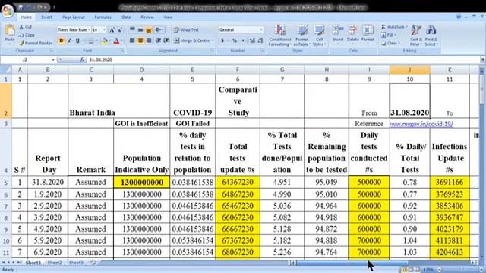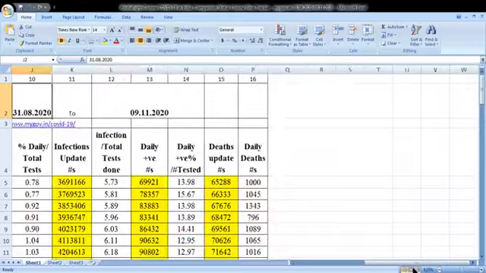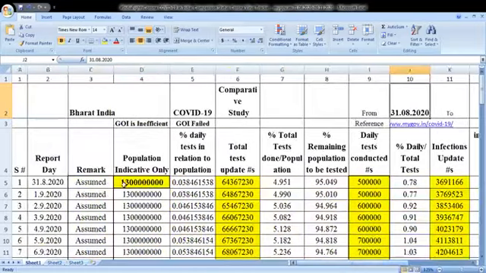And there you see a total of 16 columns, and I've told you the headings of these columns. This is the website, the government COVID-19 site, in this cell. You can see references written here. Now my understanding, my comment, my suggestion, my conclusion is that the government of India is inefficient.